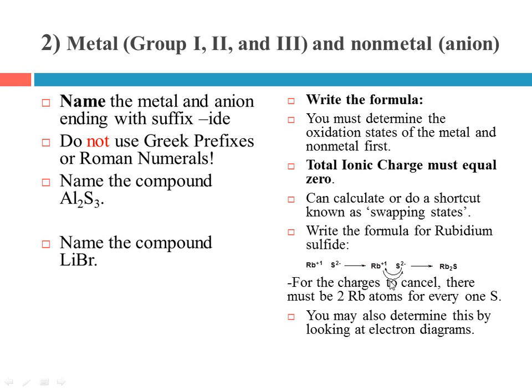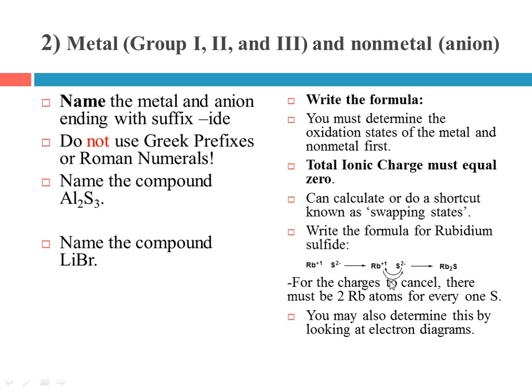Your group 2 metals, your alkaline earth metals, form a +2 charge, always. So it's understood that we know the oxidation states of these metals. Group 3 over here: boron's really on the other side of the stair step, so aluminum is really where it starts. Your group 3 metals form a +3 charge.